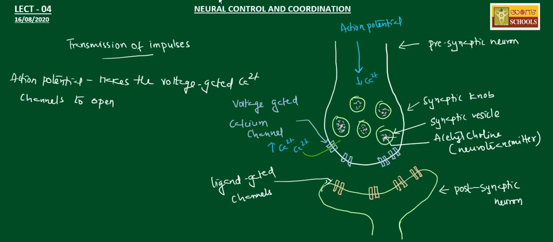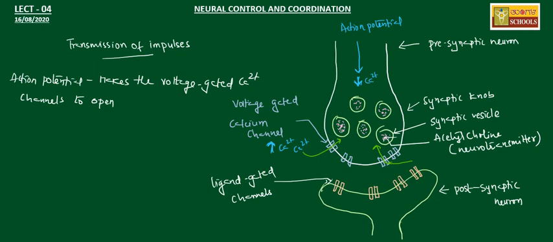When these voltage gated calcium channels open, calcium ions move into the synaptic knob. You can see here the calcium rushes into the synaptic knob, because the calcium ions are more concentrated in the ECF than inside the neuron. Inside the neuron we have fewer calcium ions.